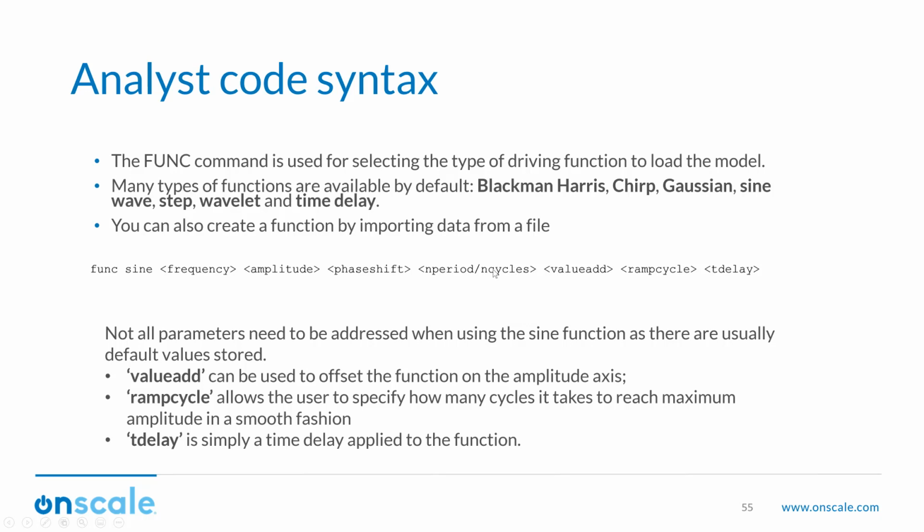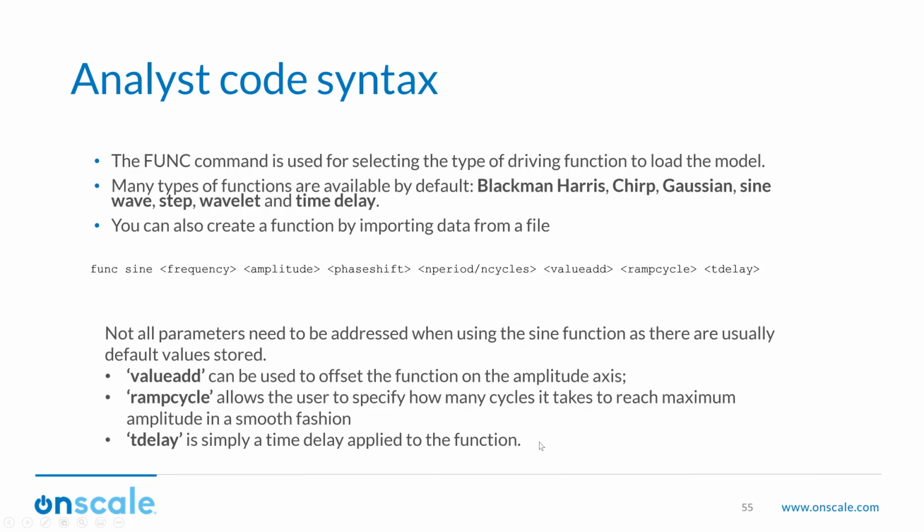I think it's pretty obvious what those parameters do. The value add, ramp cycle and T delay are a bit more difficult to grasp, so here I have a description of what they do. The value add can be used to offset the function on the amplitude axis. The ramp cycle allows the user to specify how many cycles it takes to reach the maximal amplitude. And the T delay is simply a time delay applied to the function. I'll show you some examples of that right after.